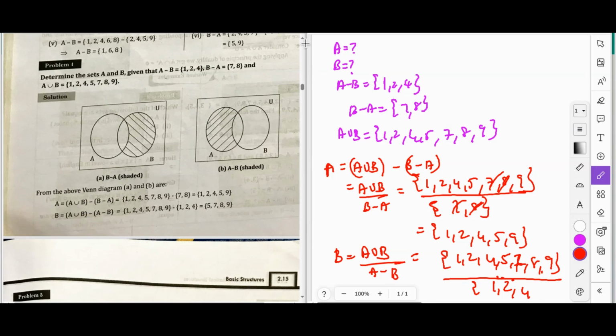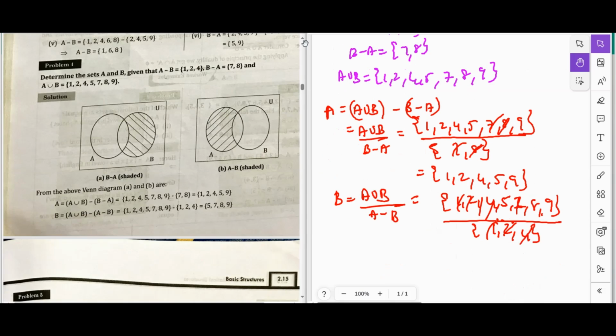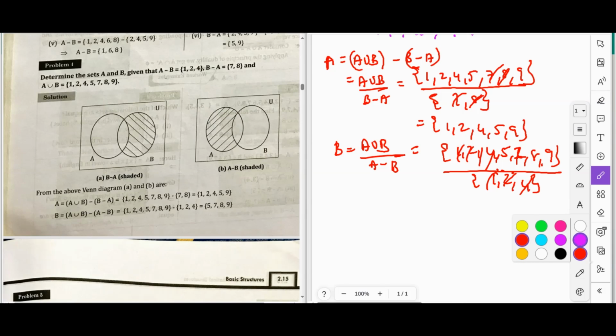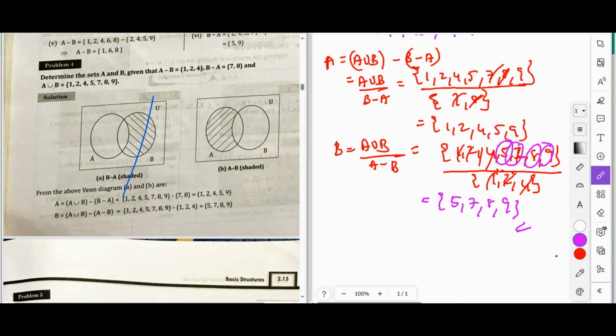So cancel 1, 2, 4. What is remaining here? It will be 5, 7, 8, 9. So this will be the value of B. Then moving on with the next one.